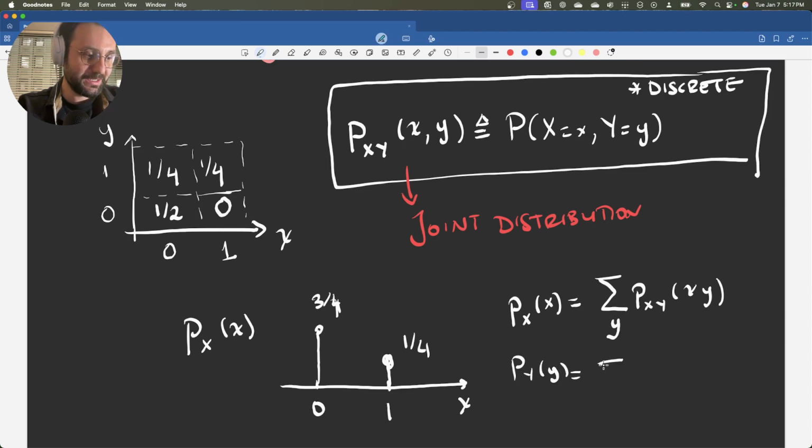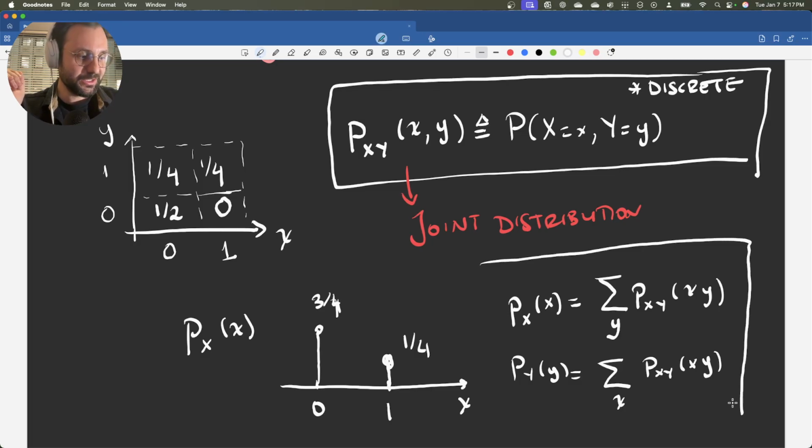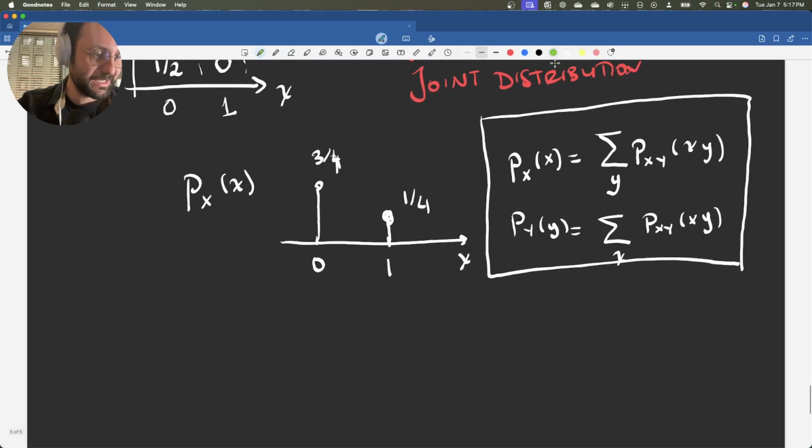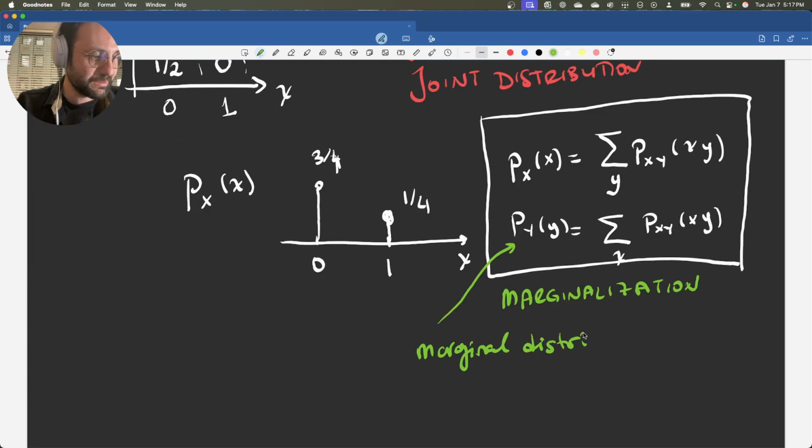If I sum over all possible x's the joint distribution p of x and y, I get the marginal distributions. The term for this is marginalization. These are called marginal distributions, mostly obtained from the joint distribution.